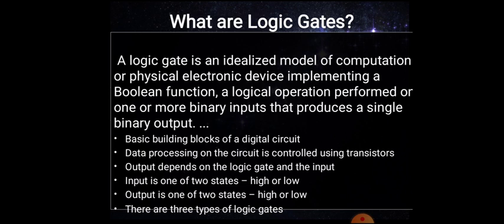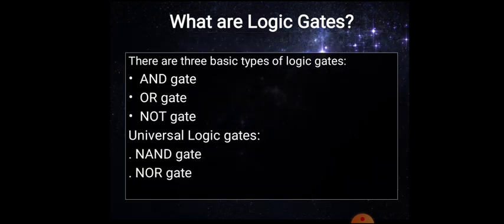And one more logic gate, the XOR gate or exclusive OR gate. These 6 logic gates are in our UG 6th semester syllabus, in the 8th paper, 4th unit. Here we have shown the universal logic gates and primary logic gates.